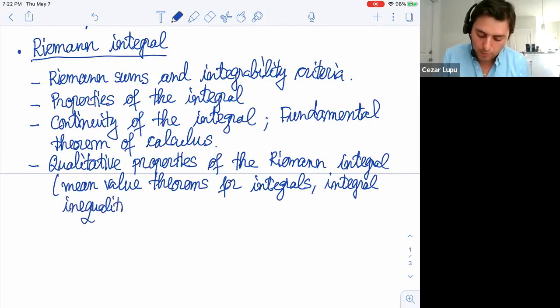And we'll also talk a bit about improper integrals. We've seen some examples.